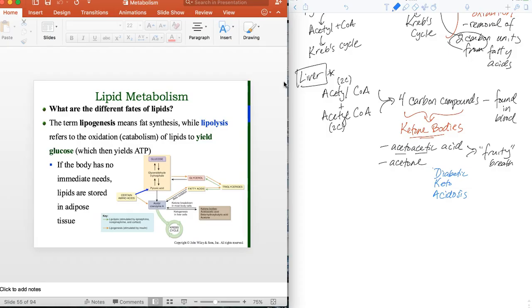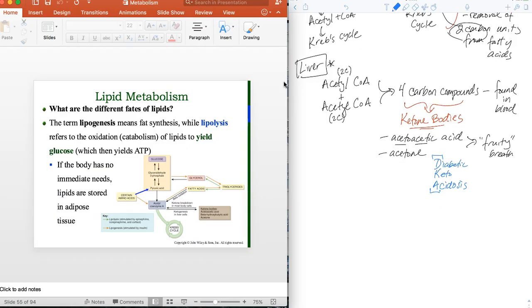DKA is a lot of the times the way that type 1 diabetes is diagnosed in children. They're not having a good time. Maybe they're sick. They're fighting off a cold or a flu, and they're producing these ketone bodies. They're not producing enough insulin, and they come into the ER and they have DKA.